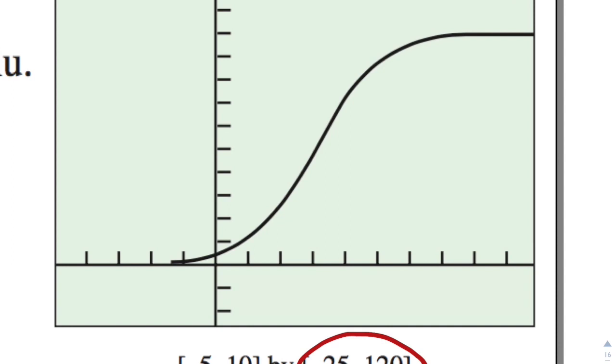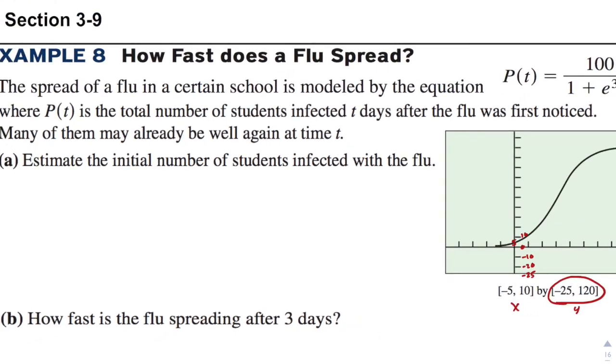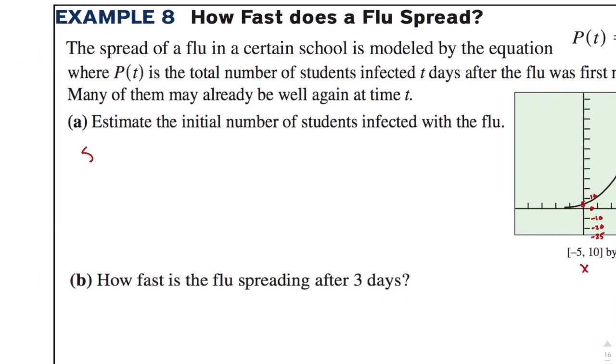Looks like -10 is right here, -20. This looks like -25, it's half of it. So 0, so that's 10. So it looks like the initial amount was about 5. So we're going to say 5 students were infected with the flu. Let's say about 5 students.